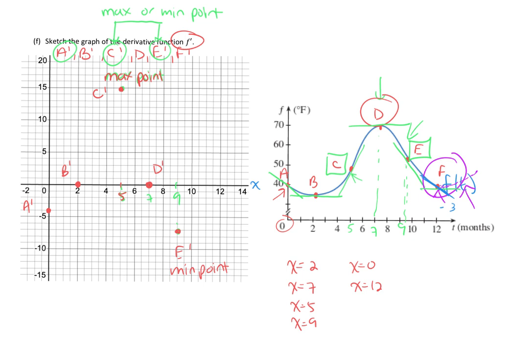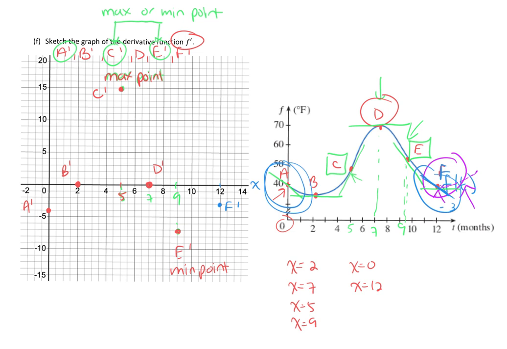And the reason why I'm saying -3 is because the slope at A was approximately -4, and I can see that this line is a little bit less steep than the tangent line at point A. So I'm going to plot point F, sorry, I keep calling it E, but this is F, at x equals 12. At 12, I'm going to plot it at approximately -3. So that's F prime.